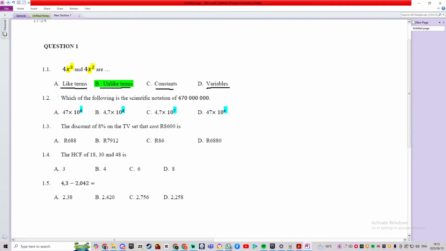Now, let's look at option A. Option A indicates that first of all it's 47, which would mean the decimal point would be around there.